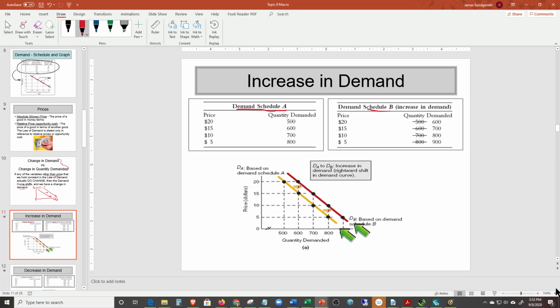And I might add, here's another one of these things you're going to have to memorize.